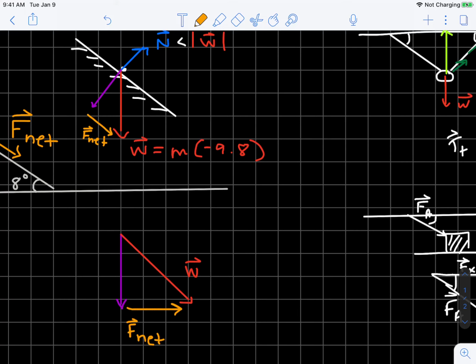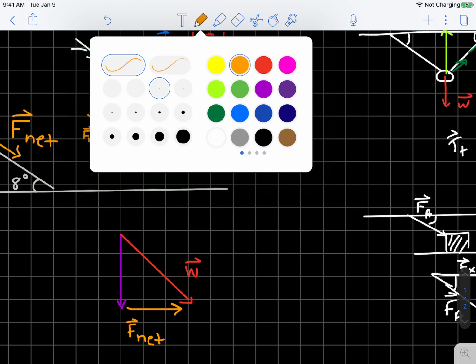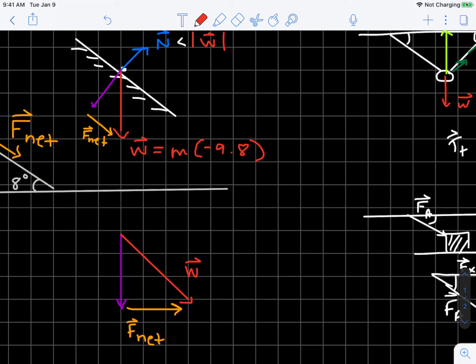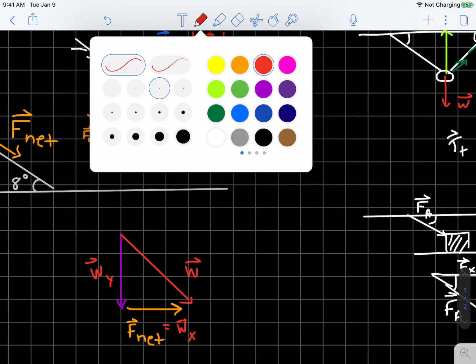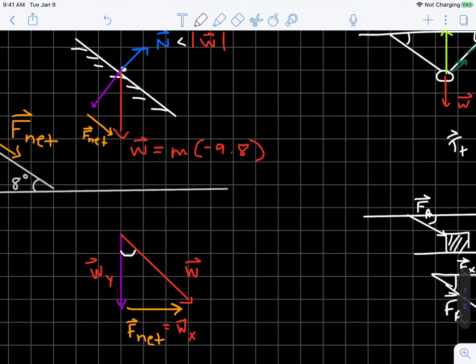So what we're going to do is we're going to call this weight x. And we're going to call this weight y. Now you may ask yourself where the angle, that 8 degrees, goes, and I could show you all the geometry that goes along with this, but the 8 degrees is going to go right here all the time. It's always going to go right there, that angle right there.